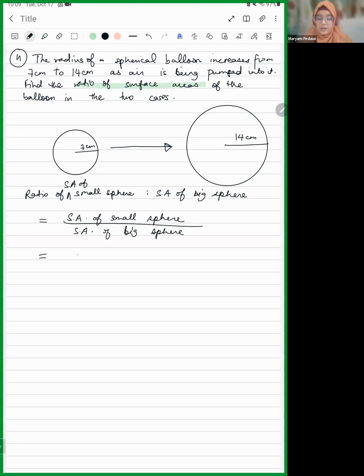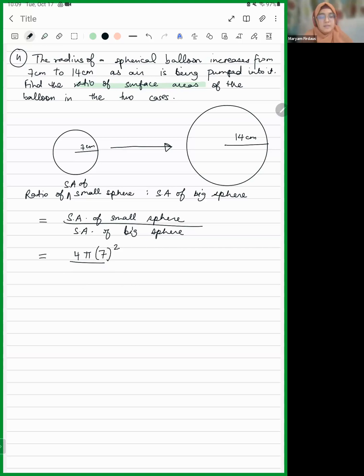Okay. Is equal to, now what is the surface area of a small sphere? What is the formula? 4 pi r square. Don't write r square, okay? Because if you write it like this, 4 pi r square, 4 pi r square, then it will both get cancelled. Remember, this r and this r are two different things. They are supposed to be different r's. We are supposed to denote them by different letters. So anyway, we can write it as 4 pi. R in the first case is 7.